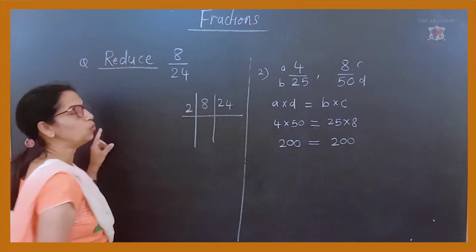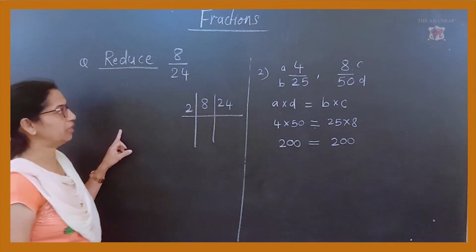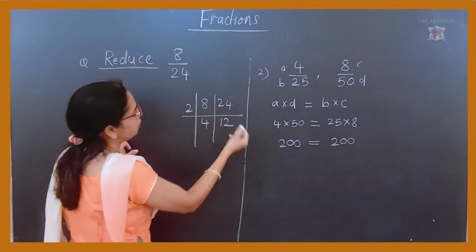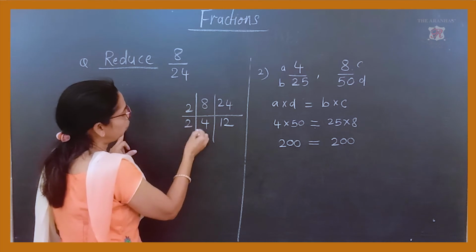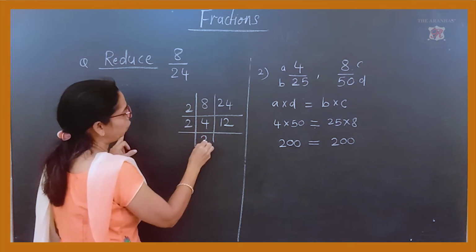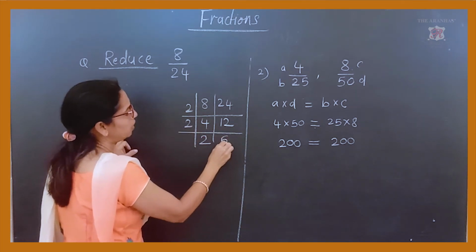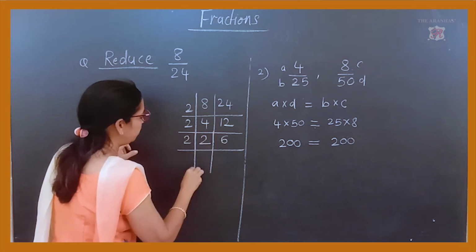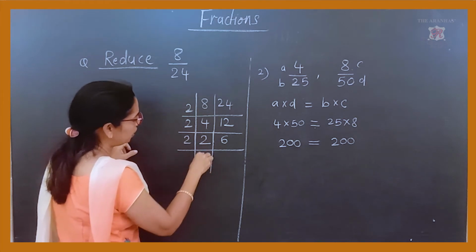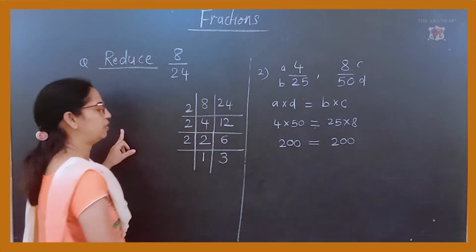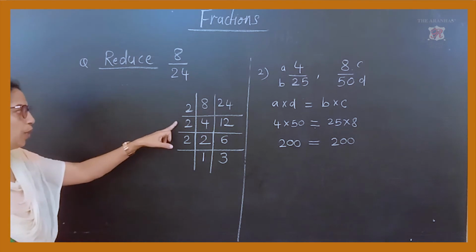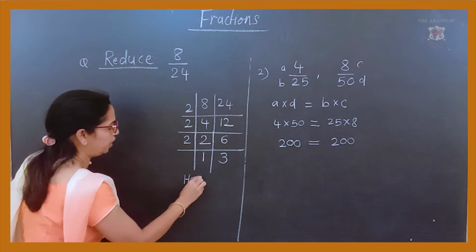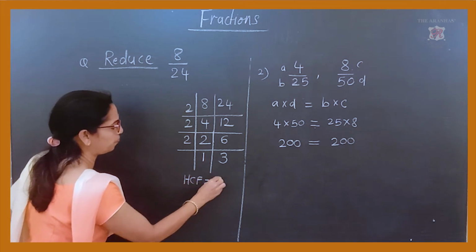So with 2 we will factorize the given numbers. Here 2 4s are 8 and 2 12s are 24, and so on. So here 2 into 2 into 2, you will have the HCF equal to 8.